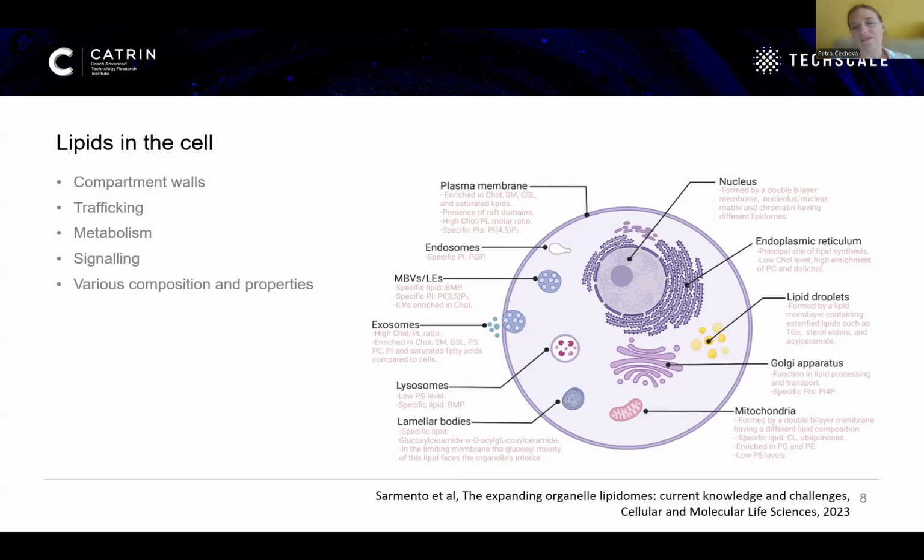On the other hand, if the cell wants to take in something from outside, it's usually through exocytosis, endosomes, and lysosomes. So lipids are very crucial in any part of the cell that there is some sort of compartment, including the outer cell wall as well.